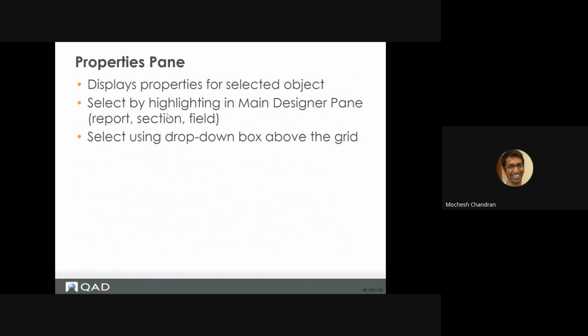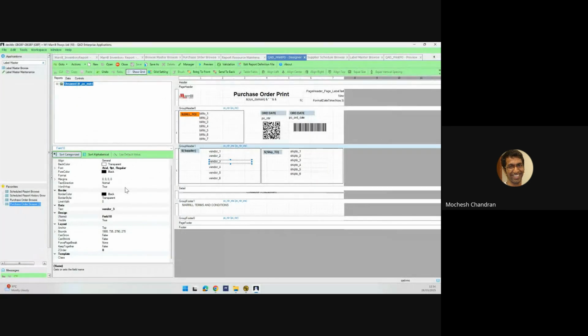Properties panel, mainly used to change any property of an object. There are so many properties here. Most of the time we use the change the text, the name, the bounds to size. It can grow, can shrink. You can also change the back color and have the alignment options changed.